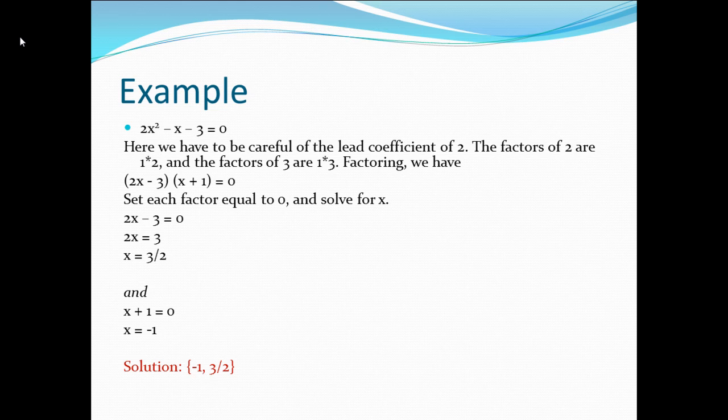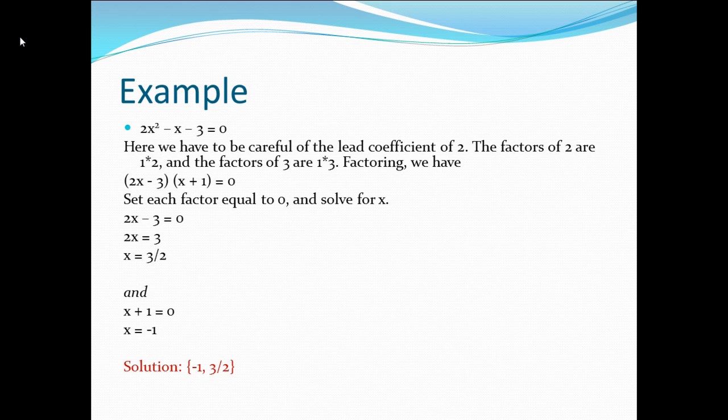Then we need to consider the factors of the lead coefficient 2, which are 2 and 1, and the factors of the constant, which is 3. The factors of 3 are 3 and 1. Now remember that they have to interact in a way such that the middle term, the second term, has a coefficient of 1.